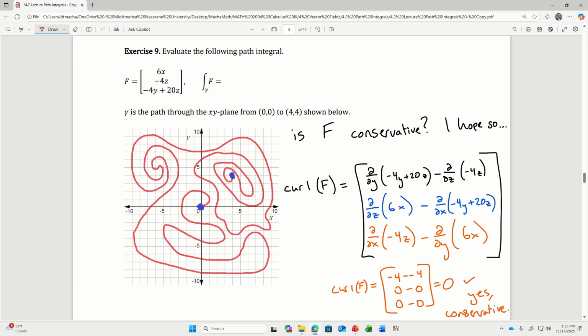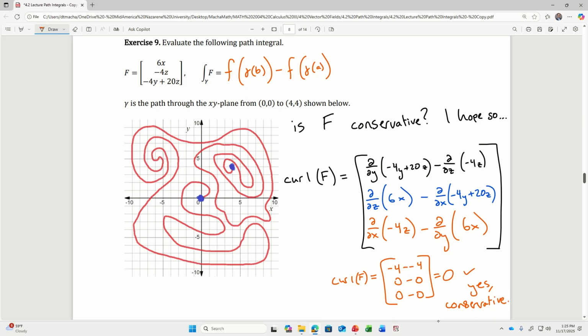So since this is a conservative vector field, its integral is going to be path independent. And that means I'm going to be able to solve this integral by taking the potential field at the end point and then subtracting the potential field at the start point. So we just have to find the potential field.